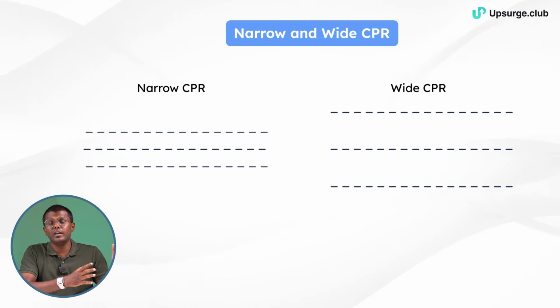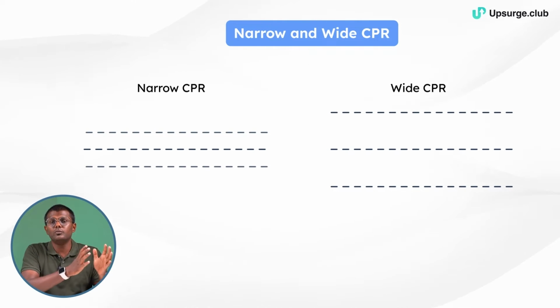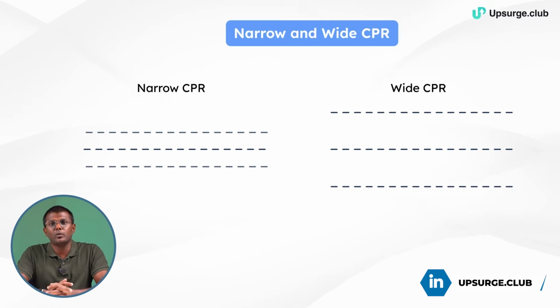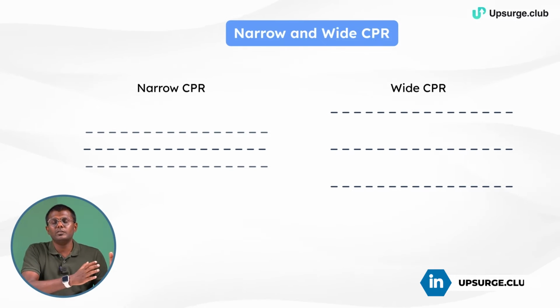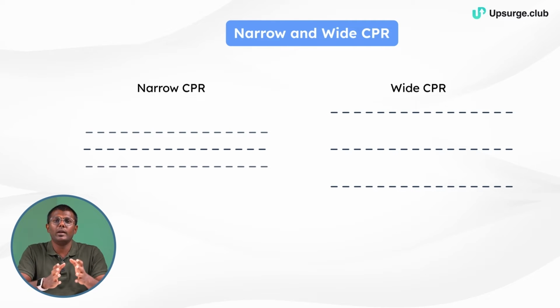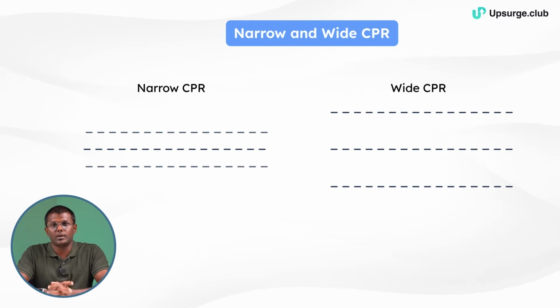If the previous day is a trending day, then open, high, low and close values will be far enough apart. So this will lead to a wide CPR based on the CPR calculations. To keep it simple, if the previous day is a range bound day, then today we can expect a narrow CPR. And if the previous day is a trending day, then today we can expect a wide CPR.